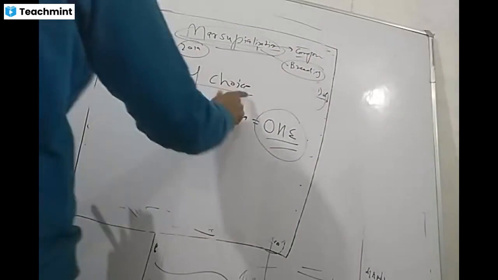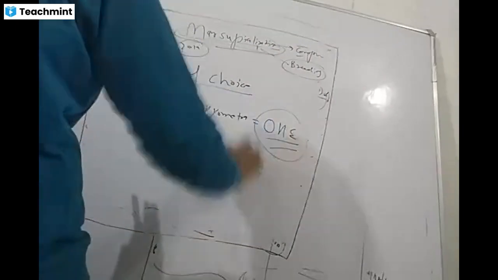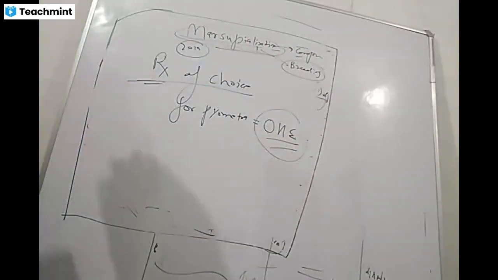But the treatment of choice for pyometra is only and only removal of the ovaries and the uterus. So this was about OHE and marsupialization, for open cervix pyometra as well as closed cervix pyometra.